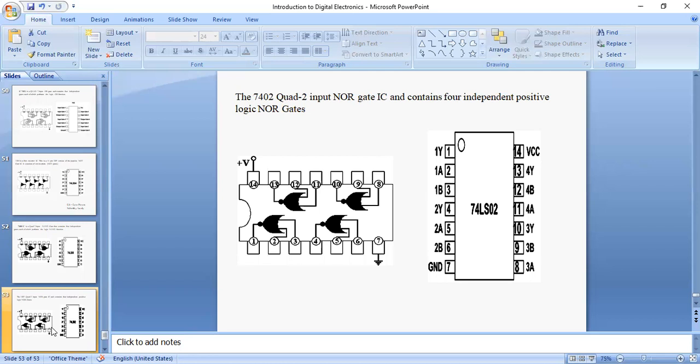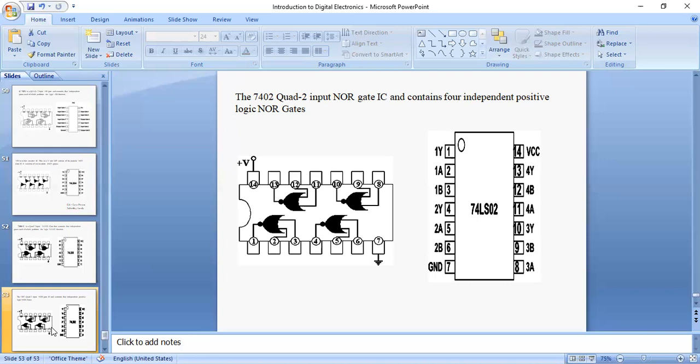You observe that one. The remaining gates are drawn in the same manner, but this pin configuration is different from the other gates. The number is the same, but the input output connection pins are somewhat different than the other gates. So this number is 7402 NOR. NOR is nothing but OR plus NOT, and it is completely opposite to the OR gate.